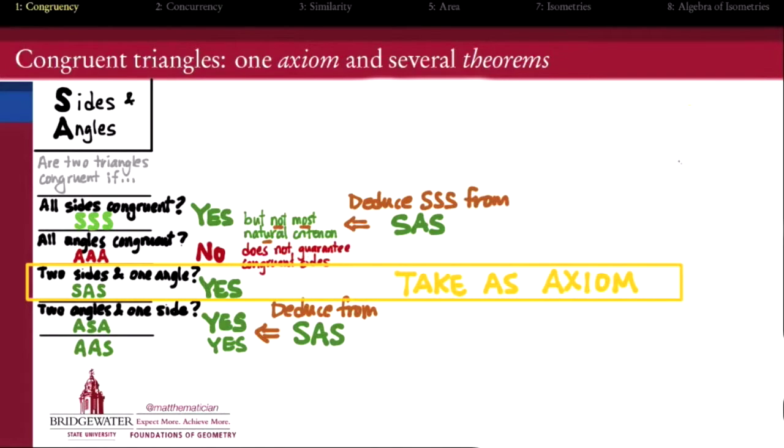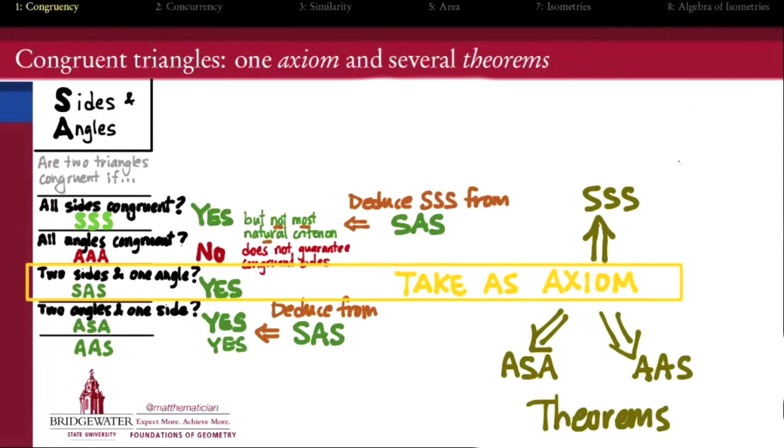So it will be axiomatic for us, not something we have to prove, but something we take on faith that if two sides and the angle in between them are congruent in two triangles, then those triangles are congruent. That will be our axiom, and from that axiom, we'll be able to deduce SSS, ASA, and AAS, all as theorems guaranteeing that two triangles are congruent.